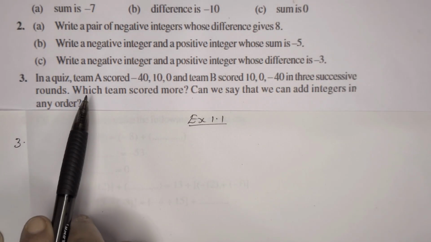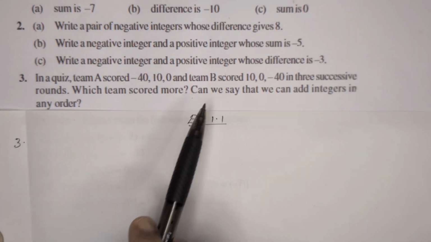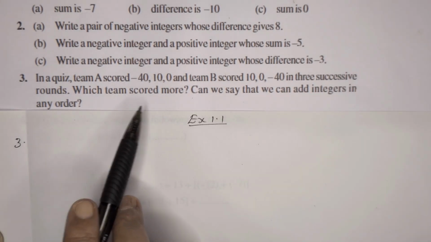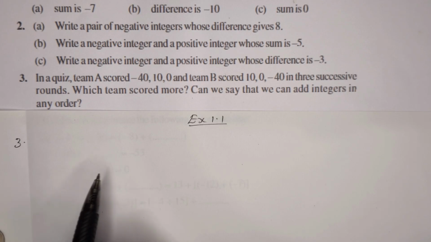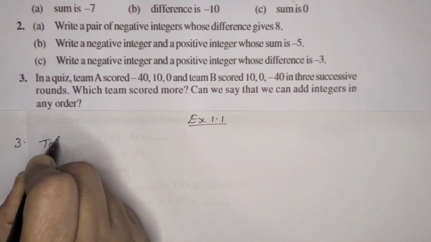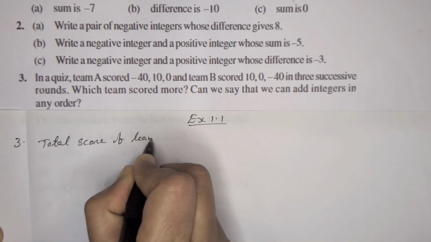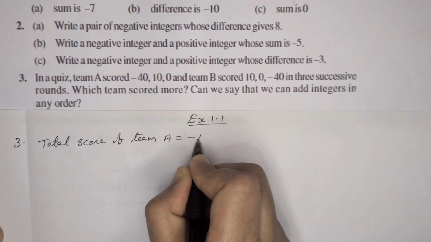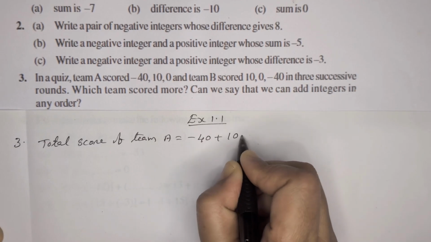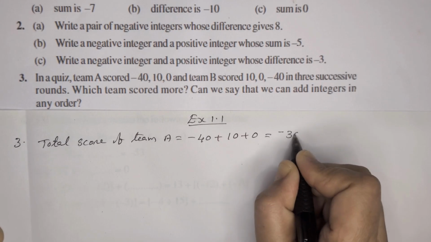Question number 3. In a quiz, team A scored minus 40, 10 and 0. Team B scored 10, 0 and minus 40 in 3 successive rounds. Which team scored more? So we can add all the scores for each team. Total score of team A is equal to minus 40 plus 10 plus 0, is equal to minus 40 plus 10, it will become minus 30.